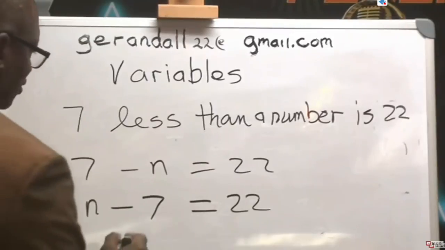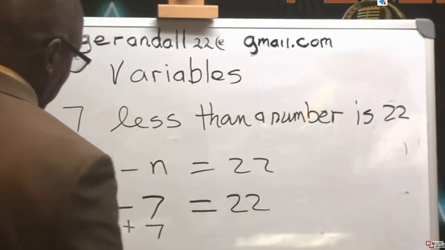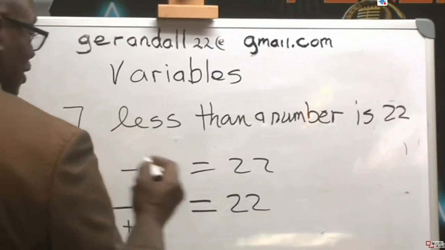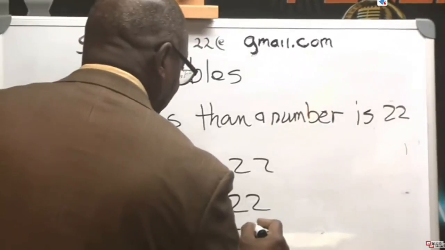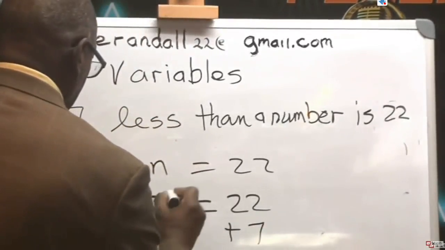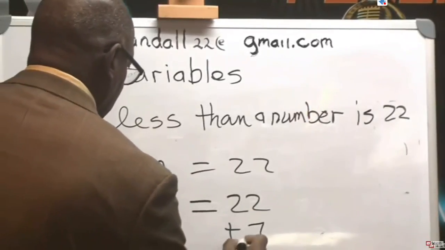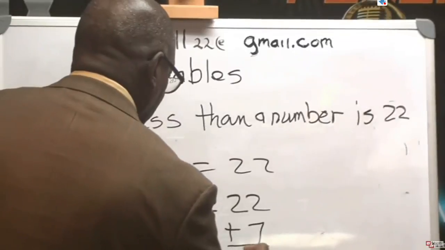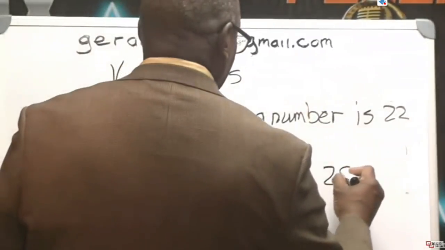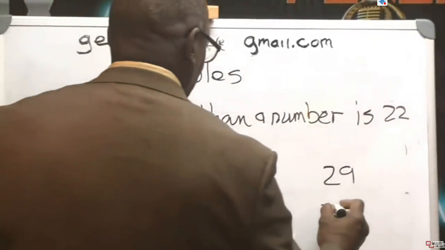And guess what? Real quick, we'll solve this one-stepper. How do you undo subtraction? You add. Whatever you do to one side, you must do to the other. This cancels. Then you have n. And over here, 29. Check that real quick. 29, which is what we put in for the value of n. Subtract 7.